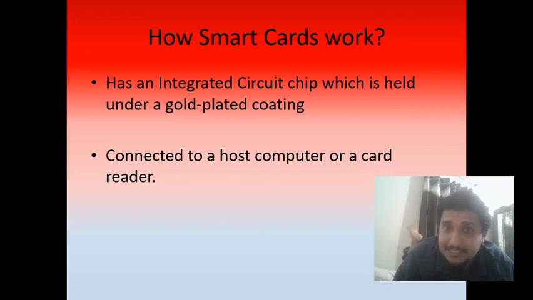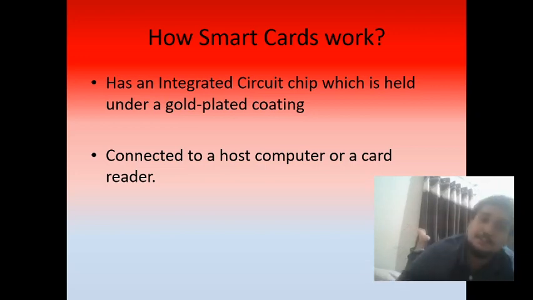Am I right? Earlier cards were not like this, but these cards are like that. Once you insert the card, the machine takes the card and reads it, and then you can withdraw the money. After that, you take the card out.